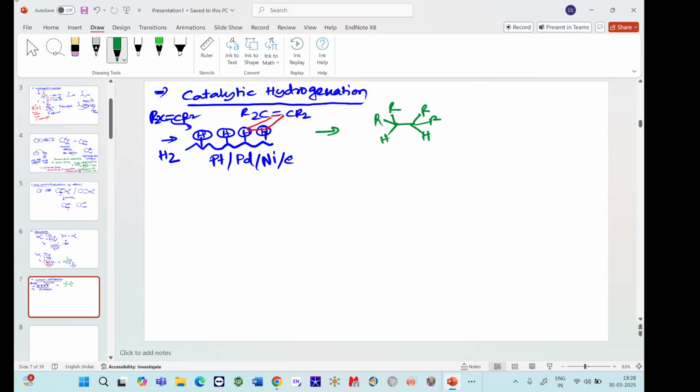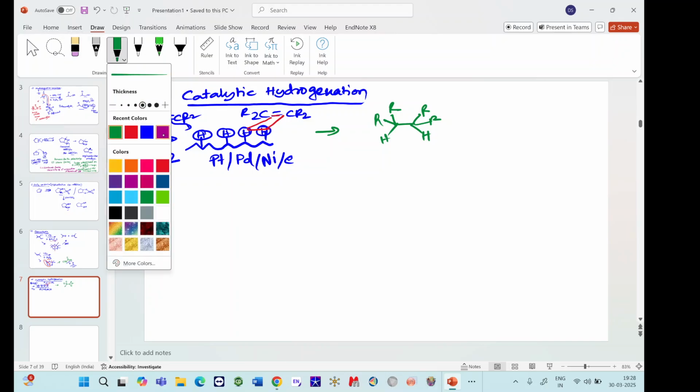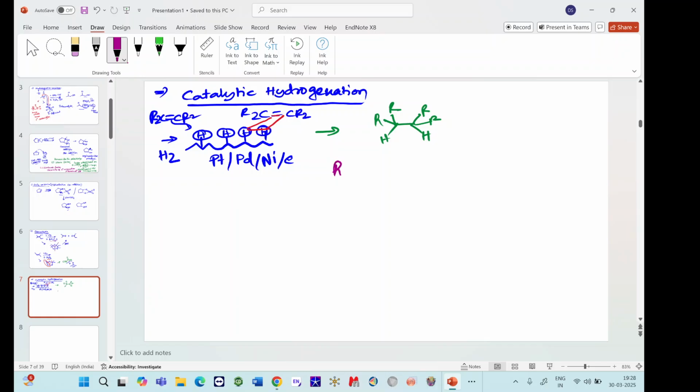So in this case, reactivity of alkenes depends on the substitution.